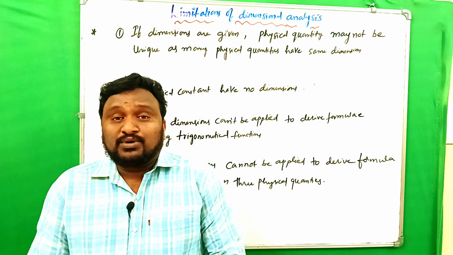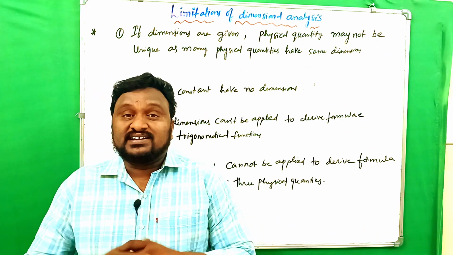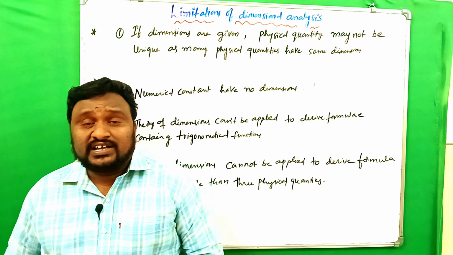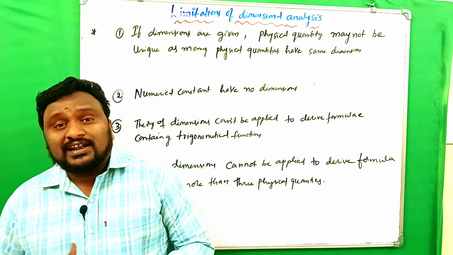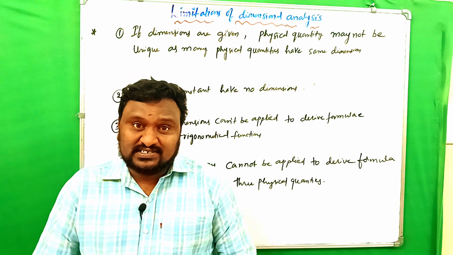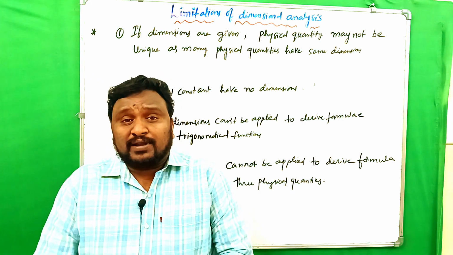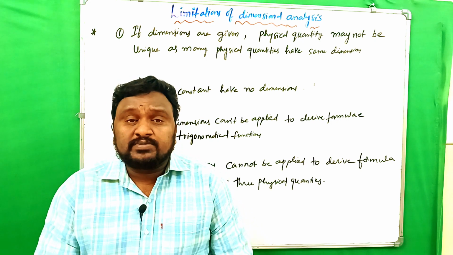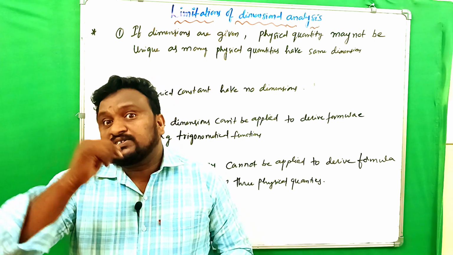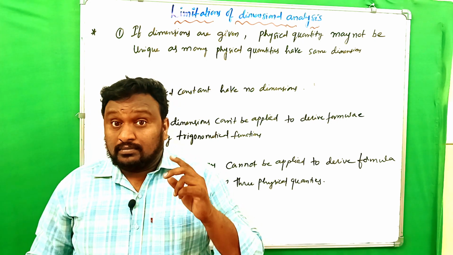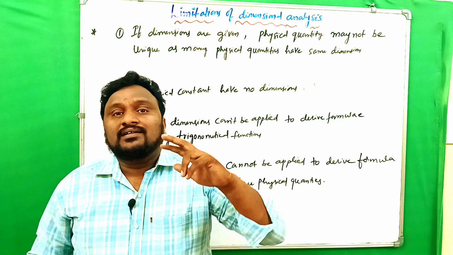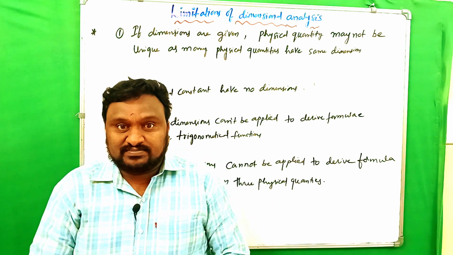Now let's discuss the demerits or limitations of dimensional analysis. What are the limitations? Dimensional analysis cannot give one specific dimensional formula for one physical quantity, because the same dimensional formula exists for different physical quantities.